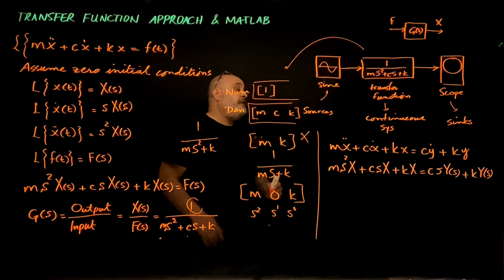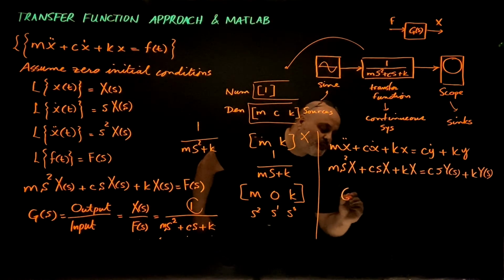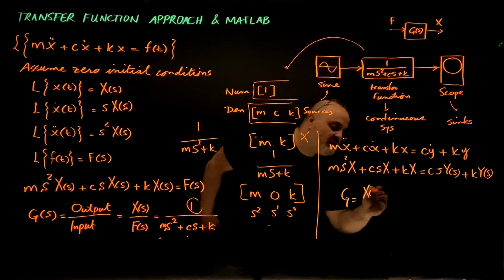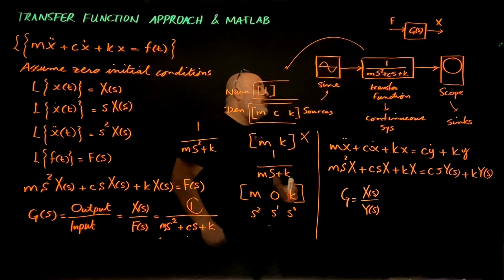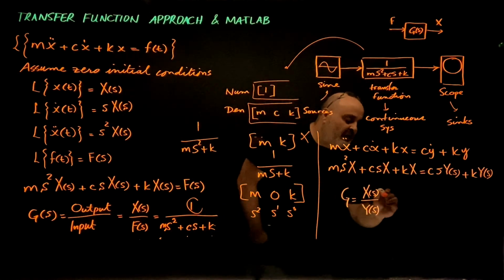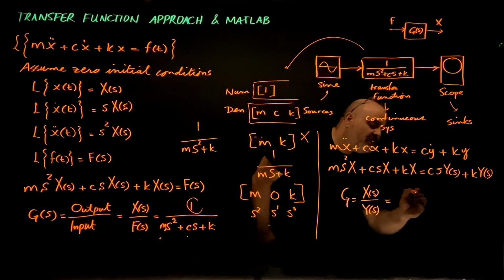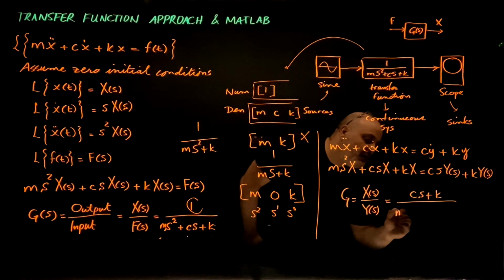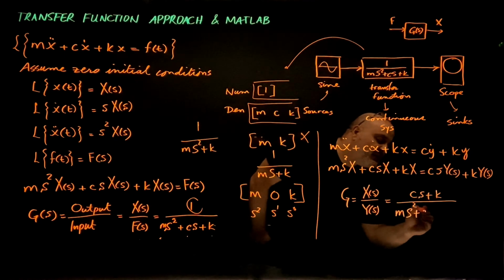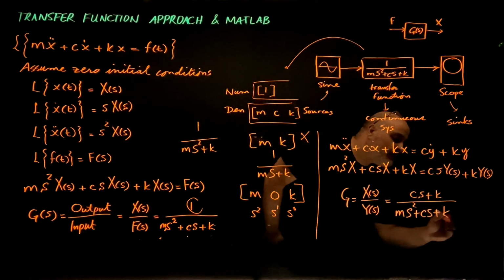Now here the transfer function g is the output x divided by the input, in this case y. So the transfer function becomes c s plus k over m s squared plus c s plus k.